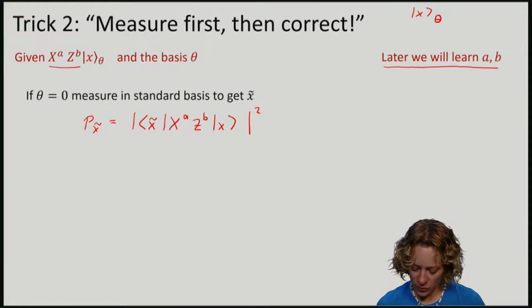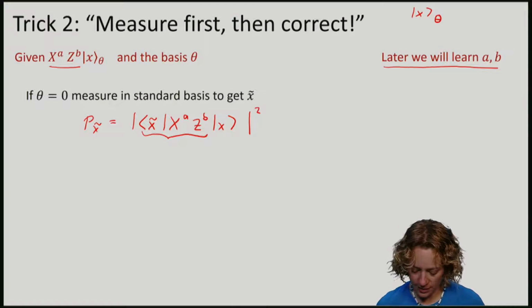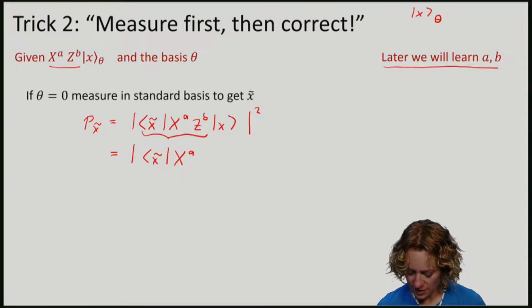So note that whether I see X to the A applied to x or whether I see it applied to x tilde does not matter. Indeed, in this case we can see that Z is completely irrelevant, because Z leaves the standard basis invariant.